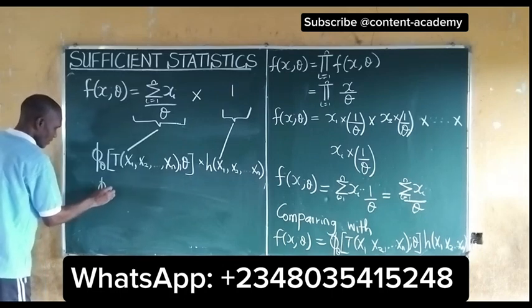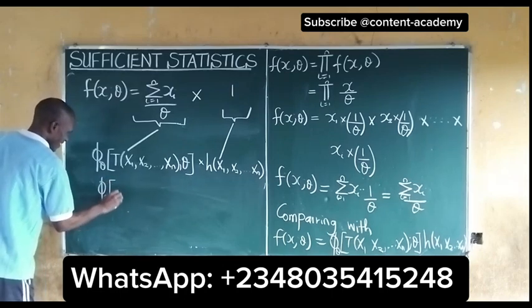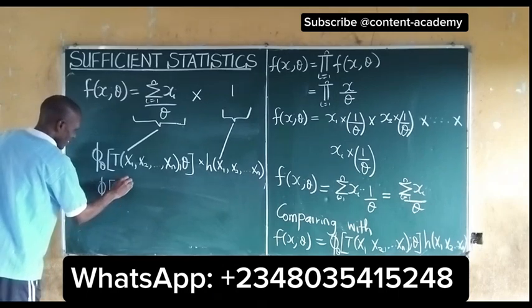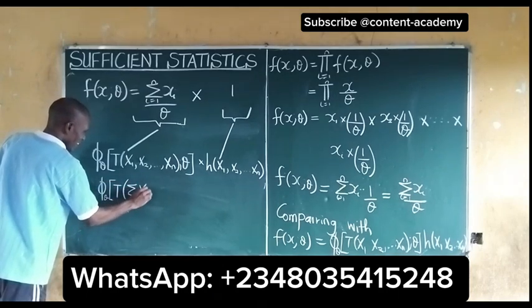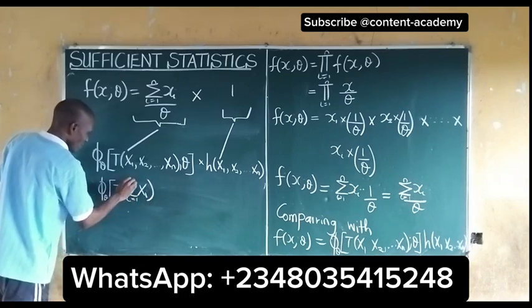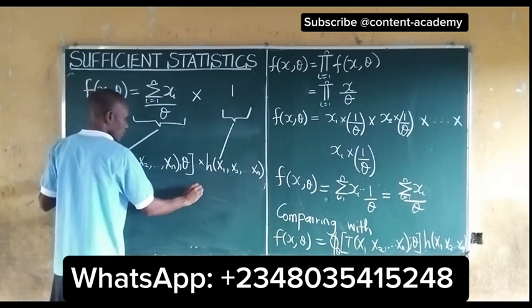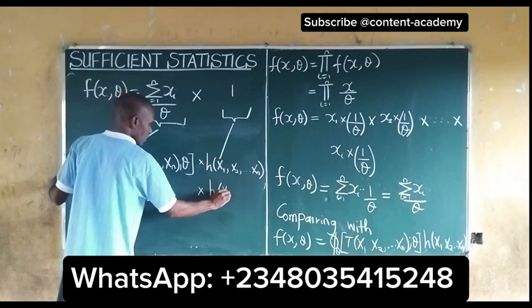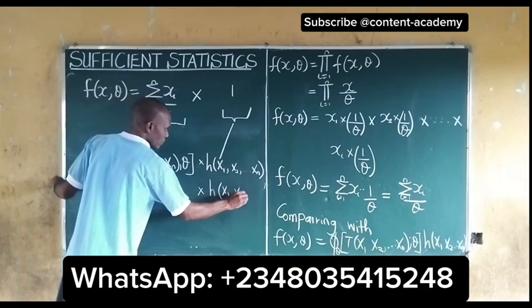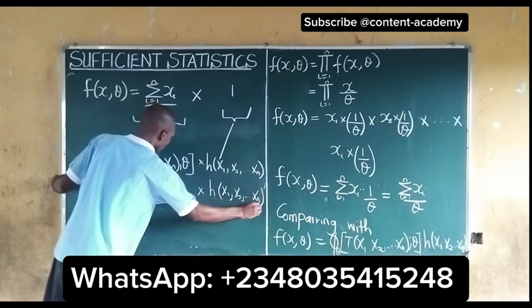This can be written as t summation of xi's as i runs from 1 to n multiplied by h x1, x2, ..., xn. This does not depend on theta.